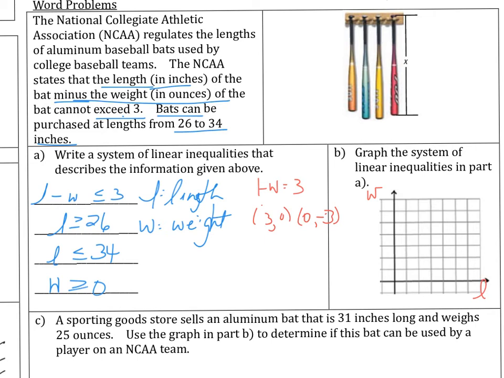Okay, so I'm going to set up my increments in tens, 10, and then 20, 30, 40. And then for the W-axis, I'm going to set up 5s. So this will be -5. So when I graph this, 3, 0 will be here, and then 0, -3. Here I'm going to graph.